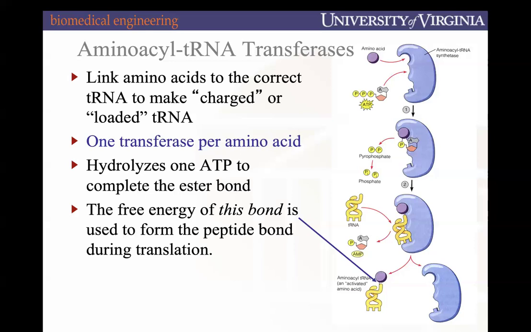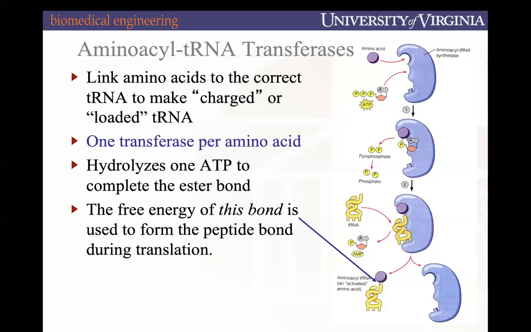We have one specific transferase for each amino acid because there's an actual binding pocket for amino acids, and it's going to be specific to each unique amino acid. The transfer RNA is going to be loaded in, and there's going to be the hydrolysis of one ATP to complete the ester bond between the transfer RNA and the amino acid.